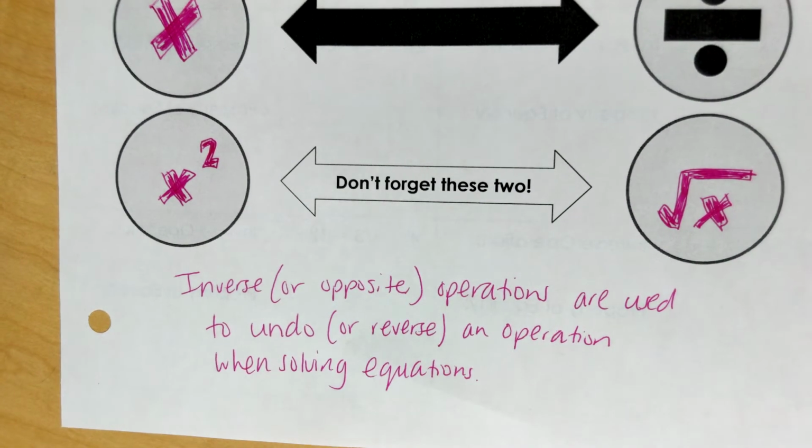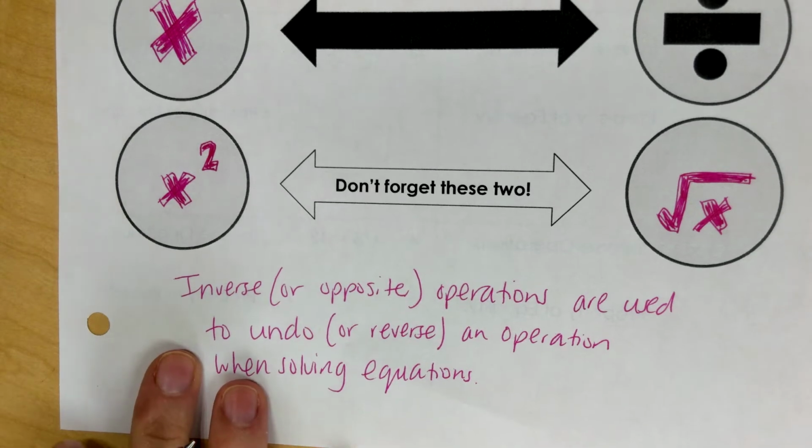So we're taking an operation that's being done to something and we're undoing it or reversing it using an opposite operation. And we'll talk more about those examples as we go further, but part of being able to do that is understanding your properties of equality.